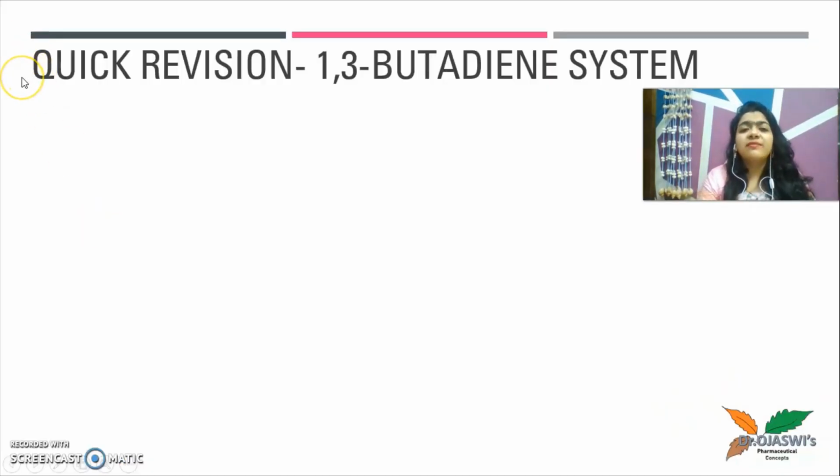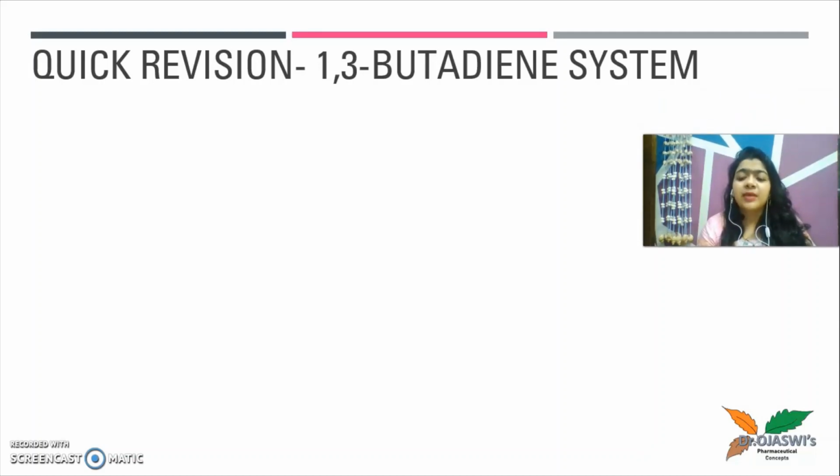So this is a quick revision for the incremental values. As we all know, the base value for 1,3-butadiene system is 217 nanometer.